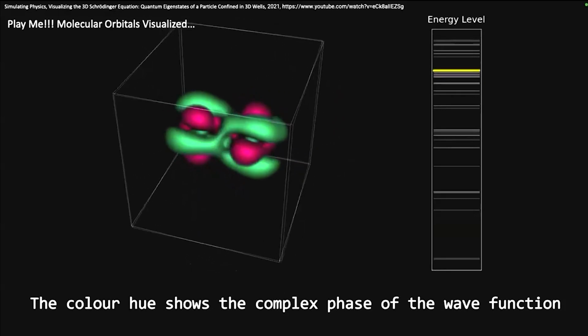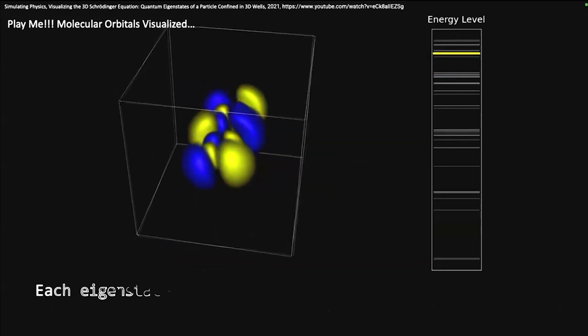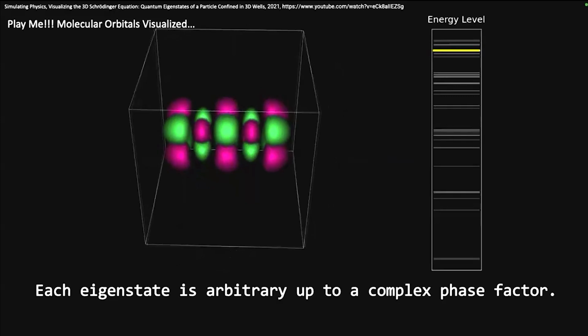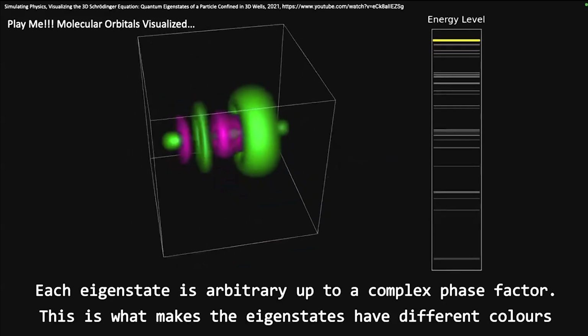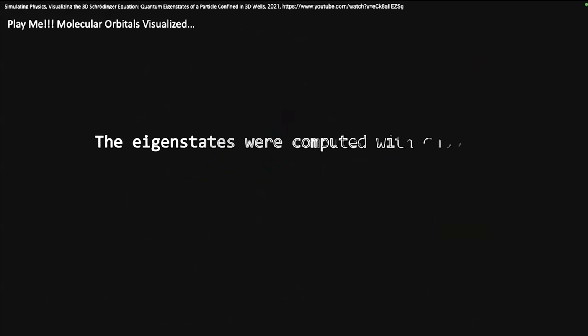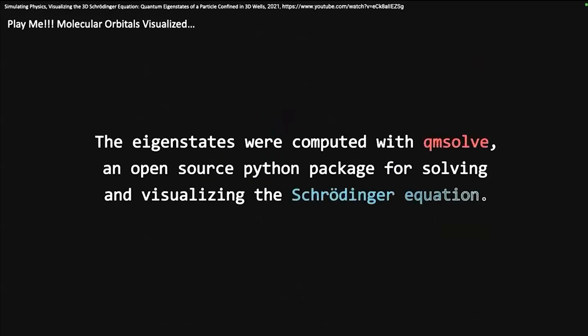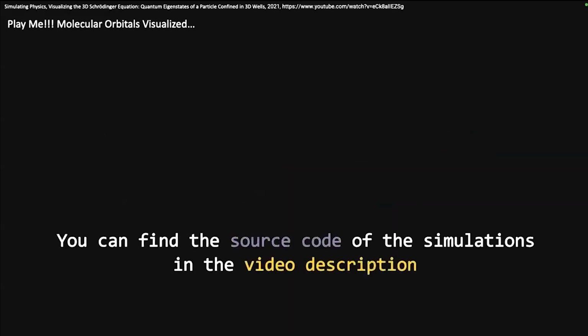So we call it degenerate. Yeah, so you can actually solve this equation using computer simulation.